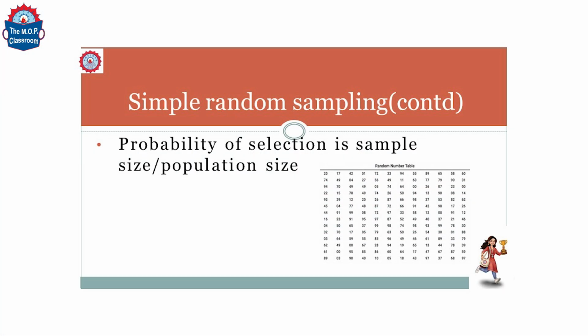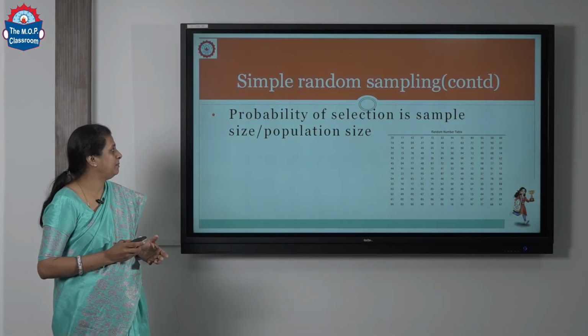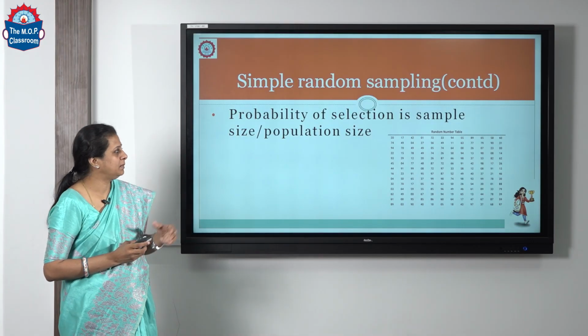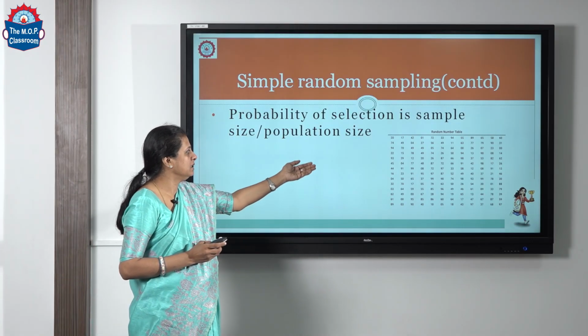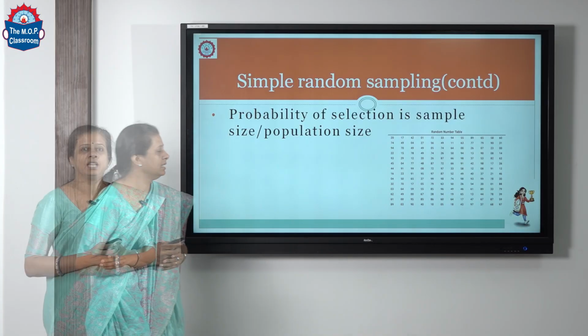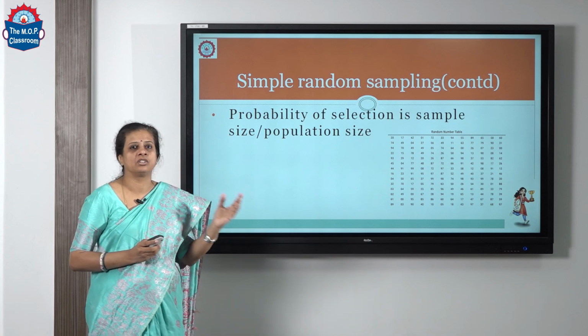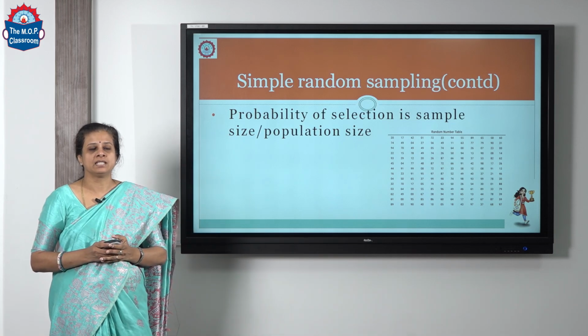The probability of selection can be calculated as the sample size divided by the population size, n/N. I have depicted this random number table for your understanding. Any researcher can read out the numbers which are there, and accordingly the sample will be selected.